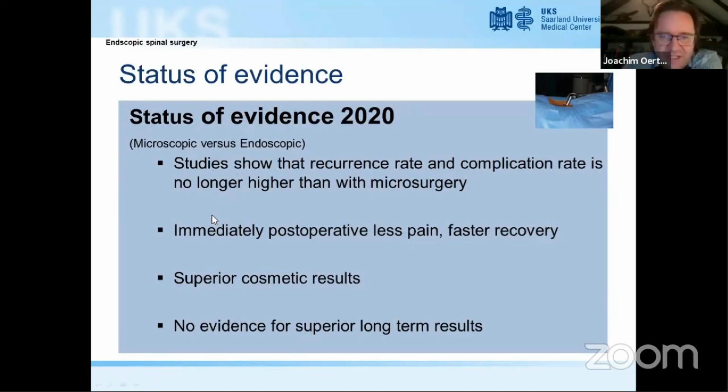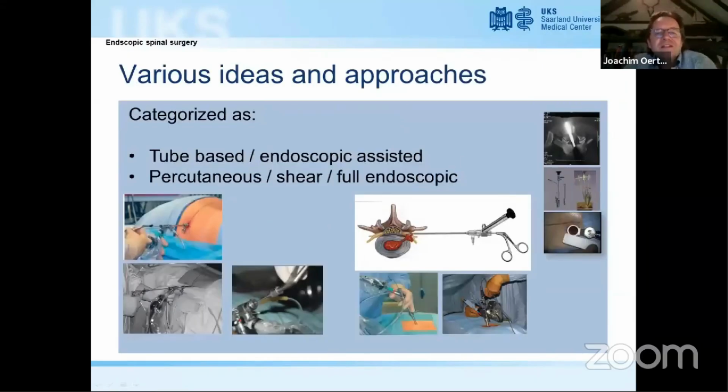However, immediate postoperative pain, particularly if you use the very small tube-based procedures or the full endoscopic procedures, is reduced, and you have a faster recovery. Of course, you have then, with a very small skin incision, superior cosmetic results. However, there's no evidence for superior long-term results in the year 2020.